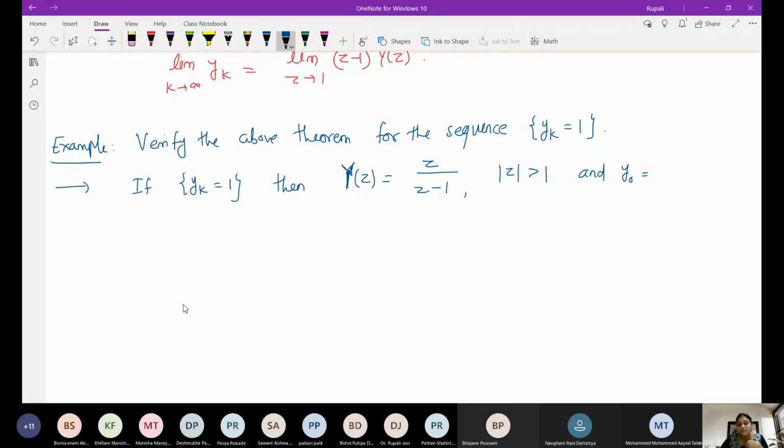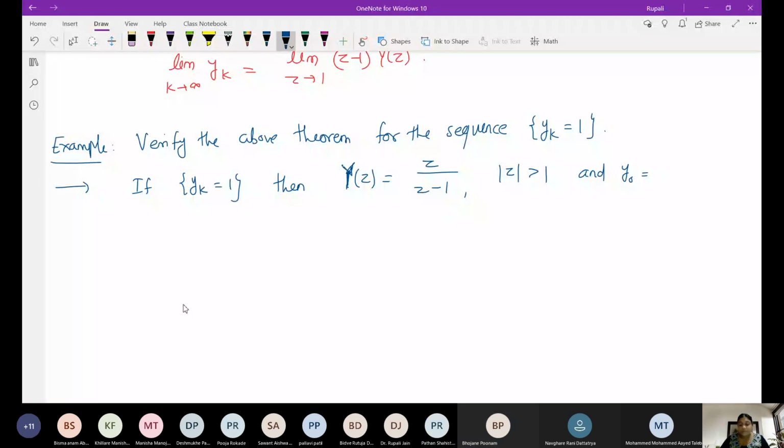What is y(0) then? 1. Yes, it is a constant sequence. Every value is 1. y(0) is 1, y(1) is 1, y(2) is 1, and so on. 1, 1, 1, 1, 1, 1, and so on. Am I right?